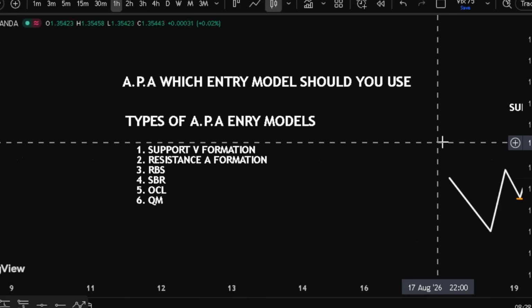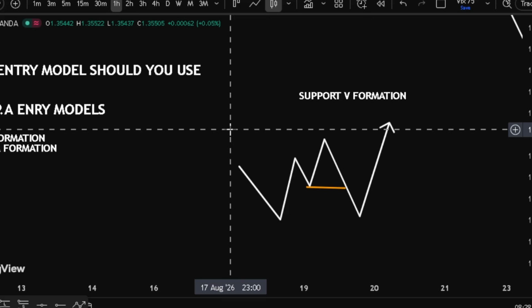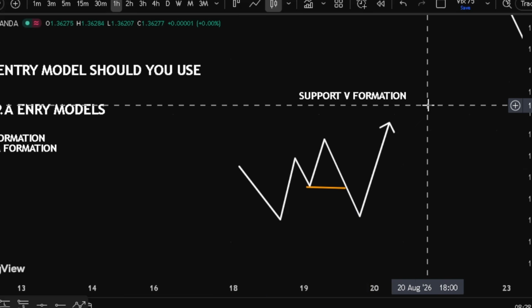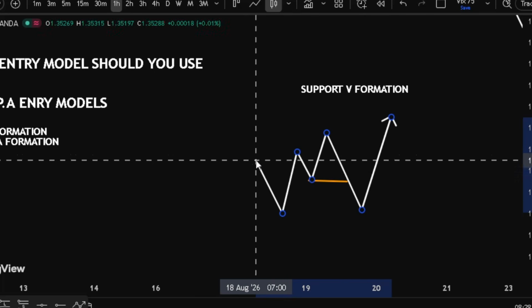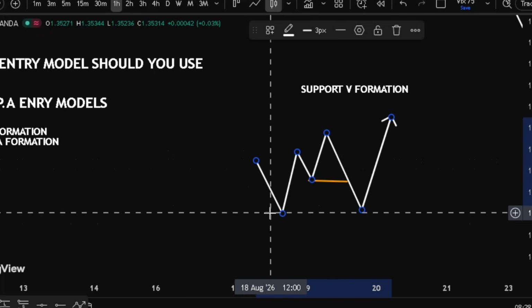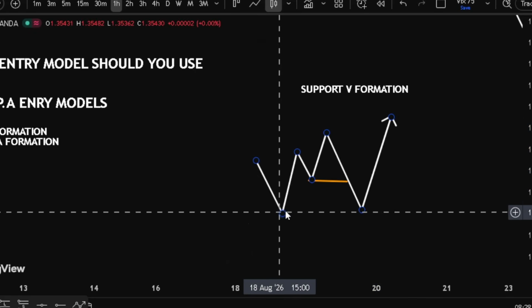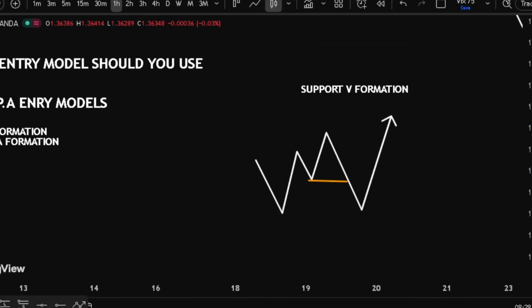So I'll start with the support V formation, and this is how it looks. Price pushes to the upside, gives us a V-like structure. Here we do have that V-like structure.